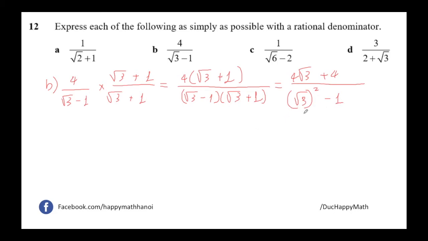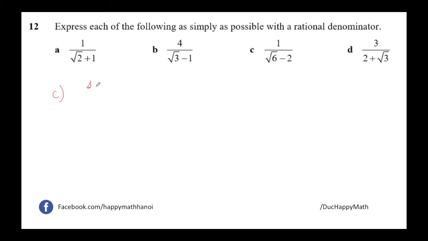Square root of 3 squared is 3, and 3 minus 1 is 2. So the final result is 2 square root of 3 plus 2. Okay, do you understand?